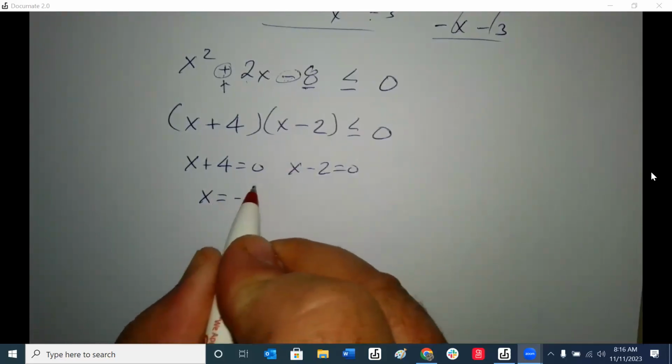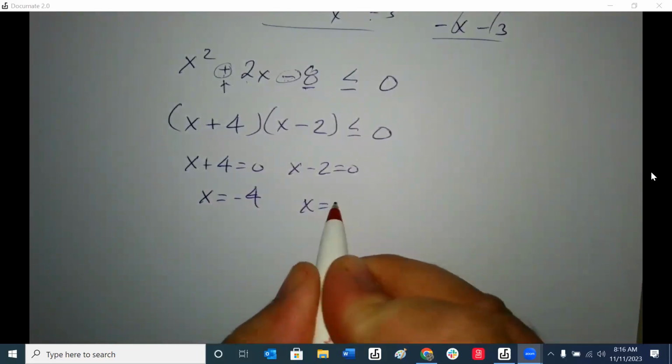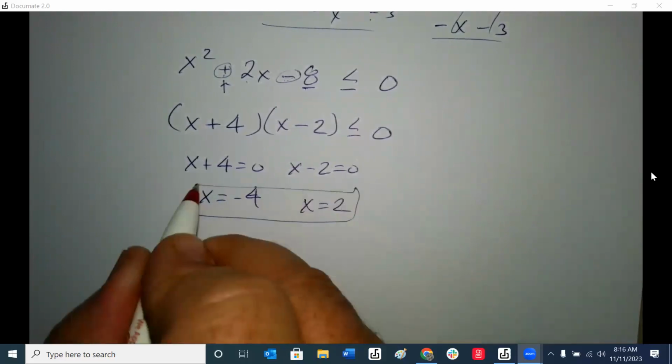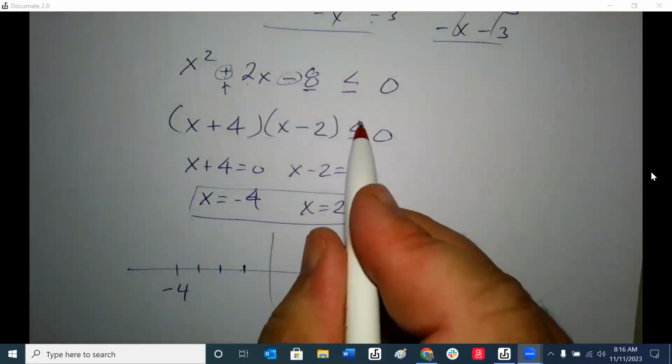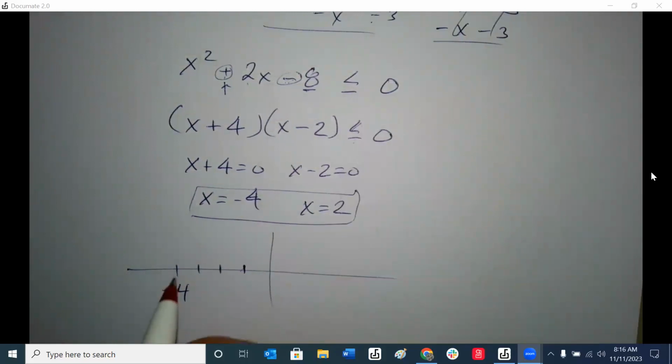I need to find my x-intercepts, my critical values. Because it's a less than or equal to, I can include that number.